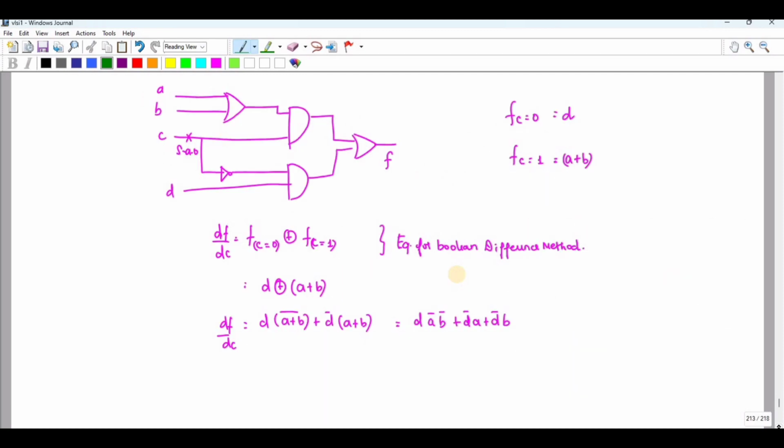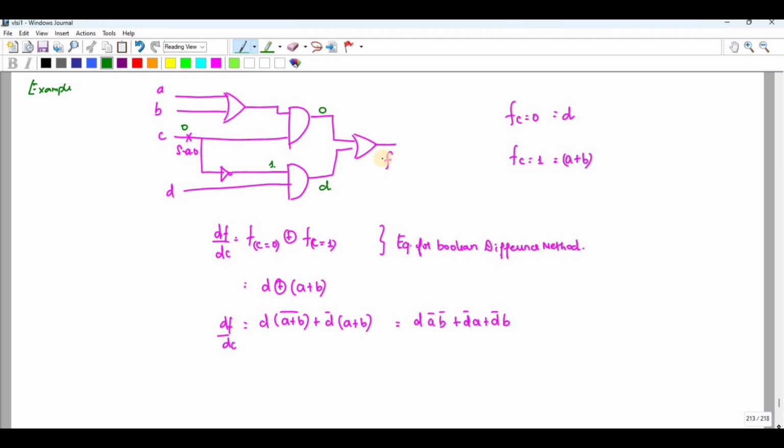So let us discuss one example problem. This is your circuit, a, b, c, d are your primary inputs, and c gets stuck at 0. If it is stuck at 0, I have to find df by dc, which is equal to f of c equal to 0 XOR f of c equal to 1. If c is stuck at 0, anything multiplied with 0 is 0, and here also you have 1, so this is d.